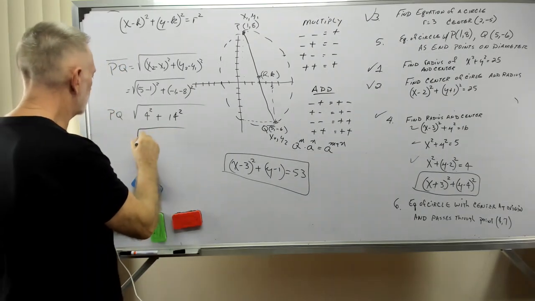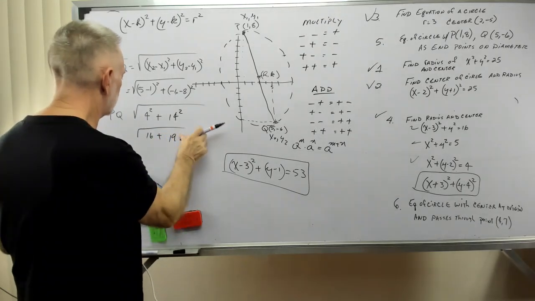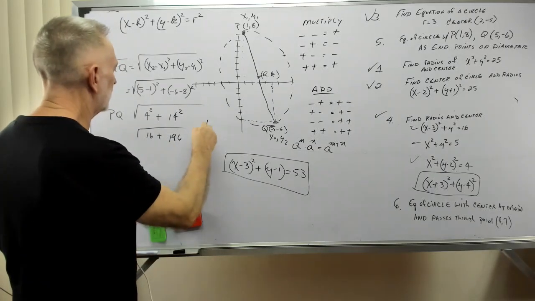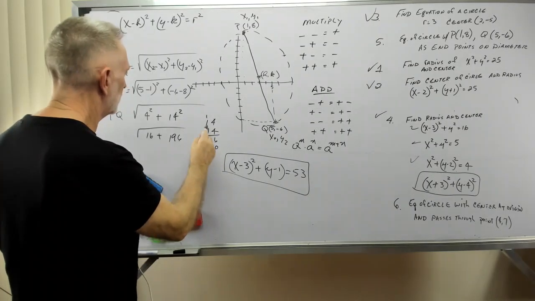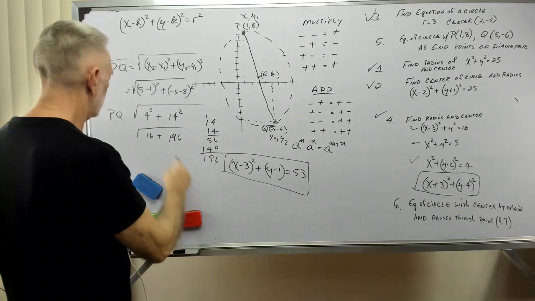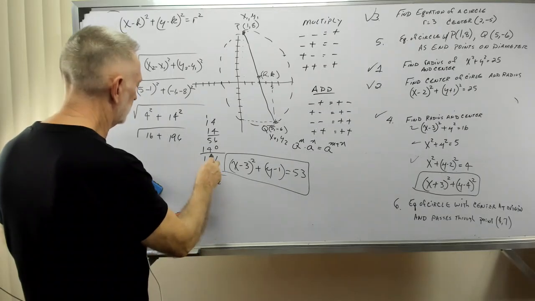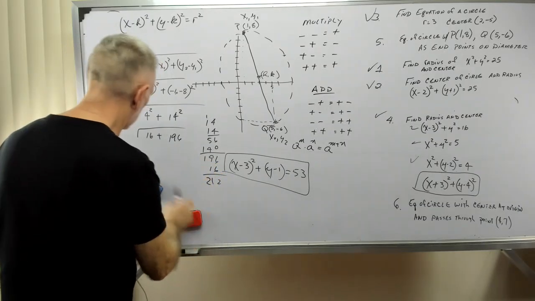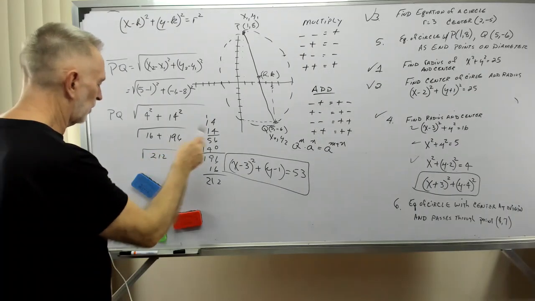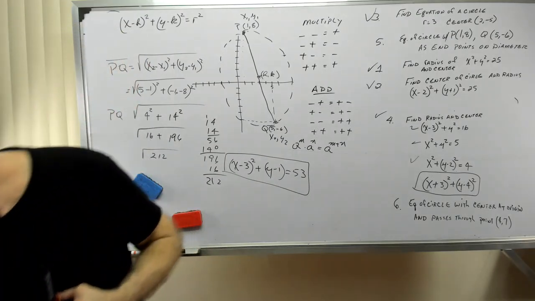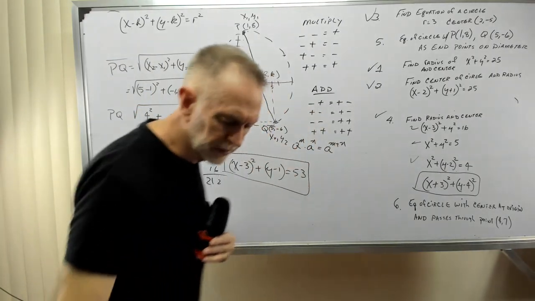So now I have the square root of 16 plus 196, which is 212. So the square root of 212, and that would be 14 something. 14.56.